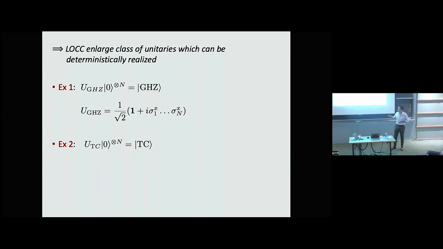And second, another unitary that we can prepare, because the toric code is a stabilizer state, is a unitary which, if you apply it to a product state, generates the toric code. Again, the message here is that we can do this with shallow circuits, whereas this unitary, we know, can only be prepared unitarily with a very deep quantum circuit.